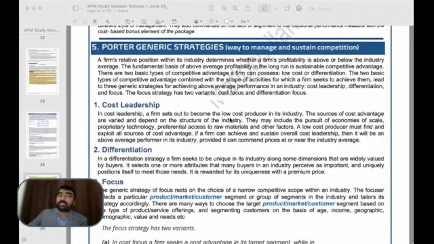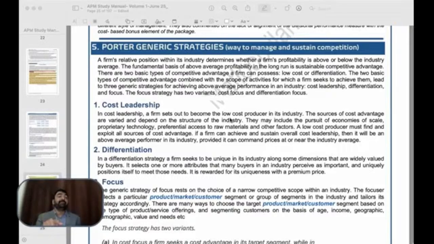Porter generic strategies are studied at SPL level as a way to achieve and sustain competitive advantage. Porter generic strategies like cost leader, differentiation, and focus are studied at SPL to teach us how a business can achieve competitive advantage in a market and how it can sustain it.